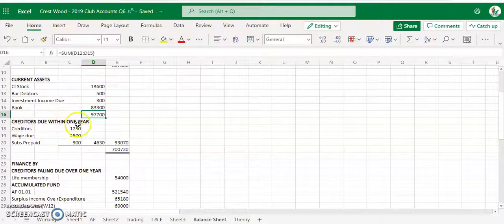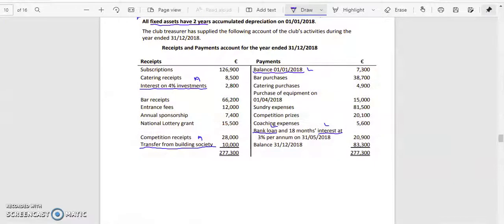And then creditors due within 1 year, that's looking at your creditors all the time. And then the opposite of what we have up here, if it's an expense due, it goes into your liabilities. And if it's an income prepaid, it goes into your liabilities or your creditors due within 1 year. So remember, if this is due, we have to pay it. And if it's subs prepaid, it means someone has paid it to us, so now we owe it back to the business. So creditors, taken straight from the question.